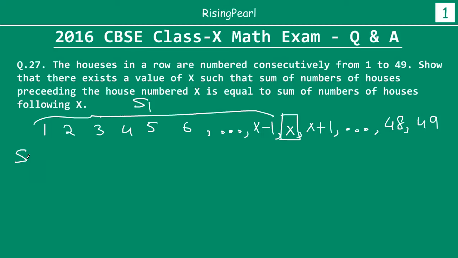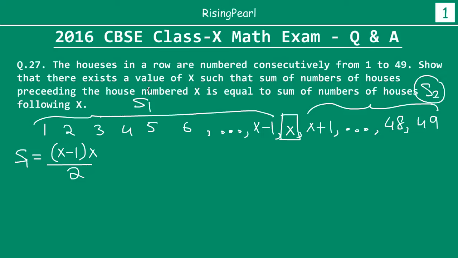We found that S1 is equal to x minus 1 times x by 2. Now we have to find the sum of these numbers. So again we have to find how many terms there are. This is S2. We go from x plus 1 through 49.